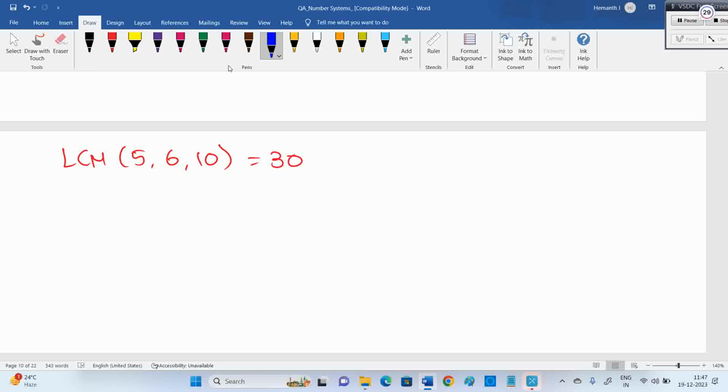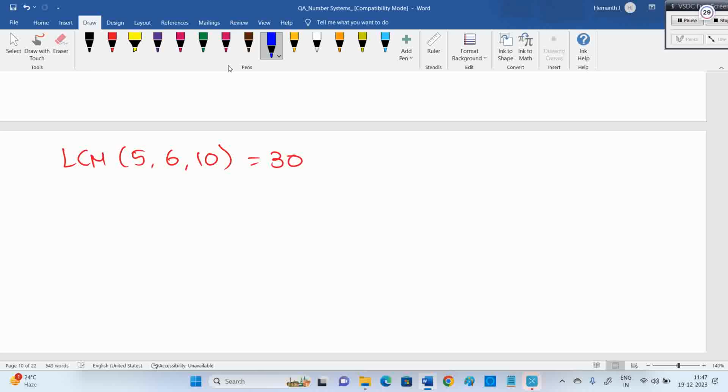After how much time will they ring together next? The first bell rings at 9:05, then 9:10, 9:15, like that it keeps going. The second bell, 9 a.m., next 9:06, 9:12, 9:18, like that. The third bell, 9 a.m., 9:10, 9:20, like that. So the next time they meet together is 9:30.